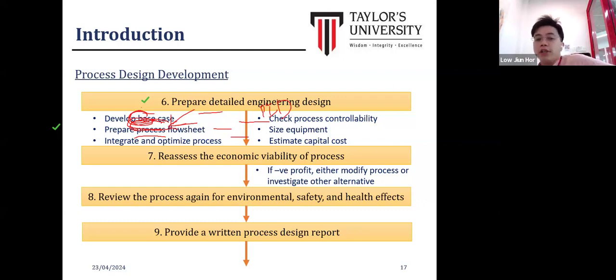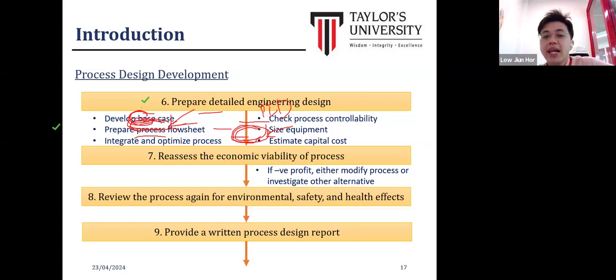Okay, but of course, when you calculate the cost, we will also try to calculate the profit that we can make based on the capital cost here.